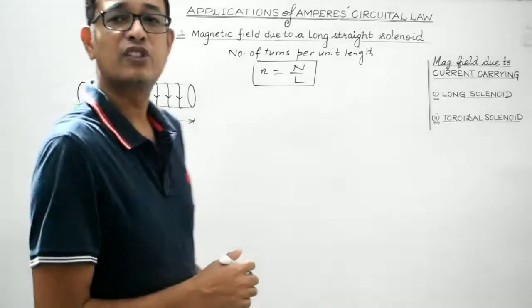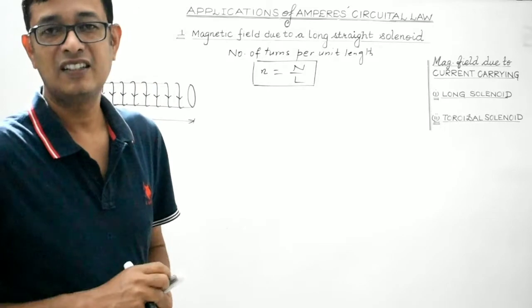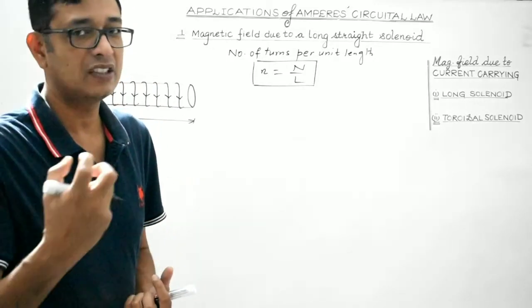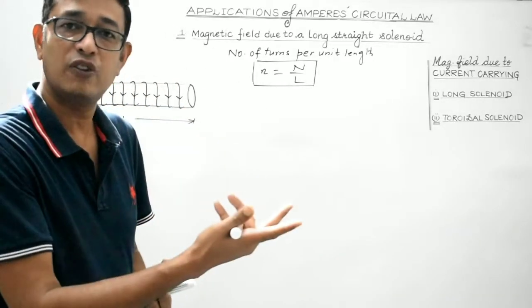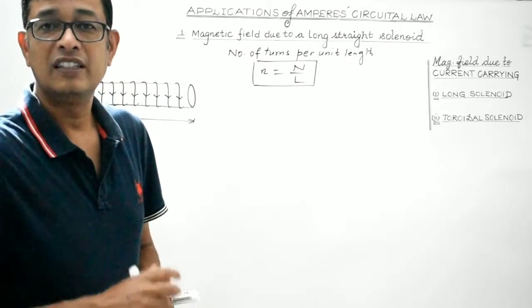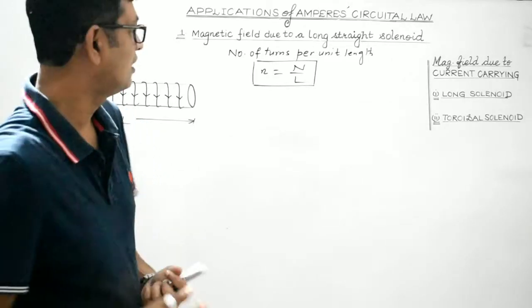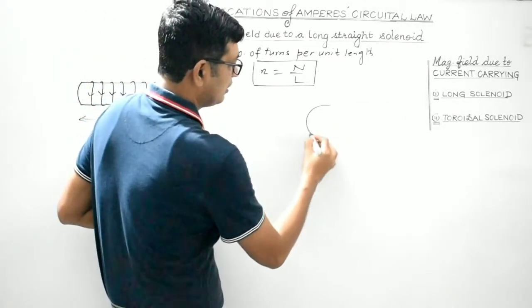We are already aware that a current carrying coil behaves as a magnet. One face behaves as the south pole while the other face behaves as the north pole. So the current carrying solenoid will also behave as a bar magnet.